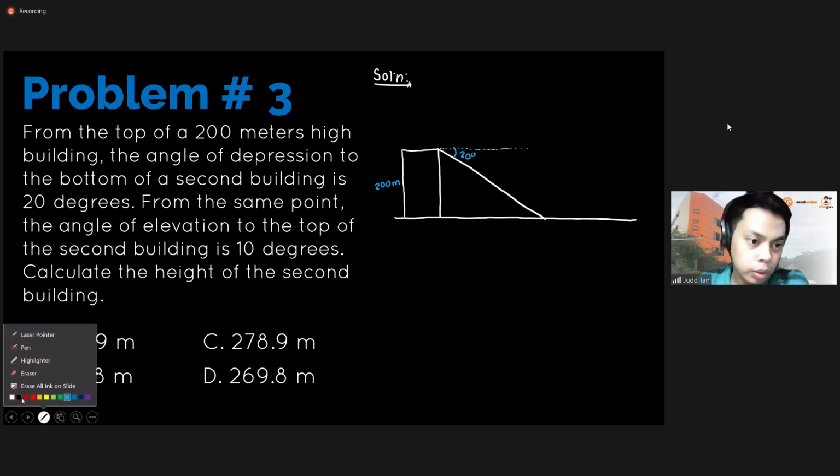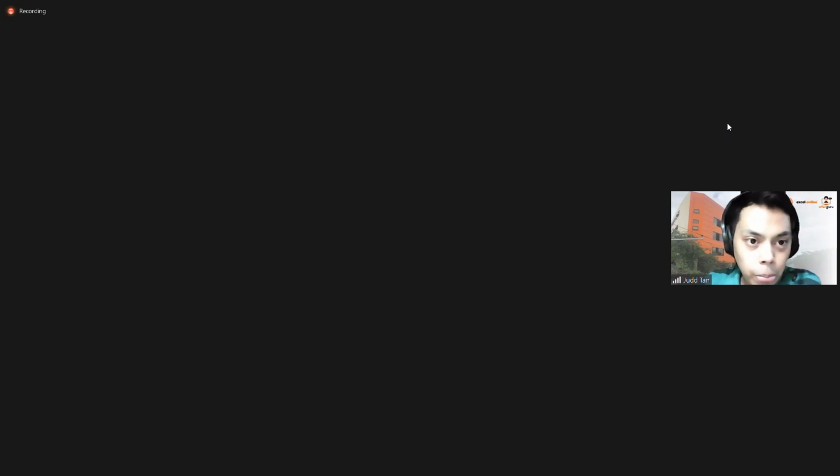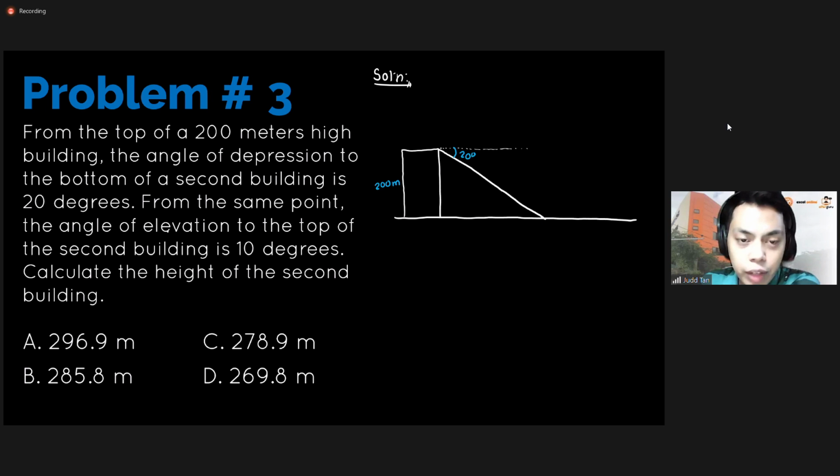Okay, next. From the same point, the angle of elevation to the top of the second building is 10 degrees. Malamang, guys, yung second building is higher kasi nag-elevate pa. Angle of elevation is pa upwards naman. So yung angle of elevation is like this.